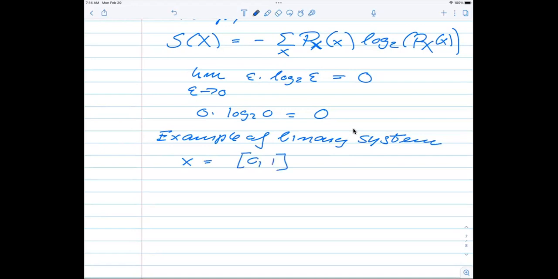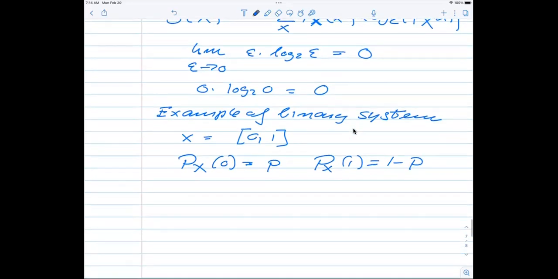So it's a discrete set of events. And then we could simply say that the probability of getting 0 is something I will label as P. And then clearly, the other one, 1, has to be equal to 1 minus P.